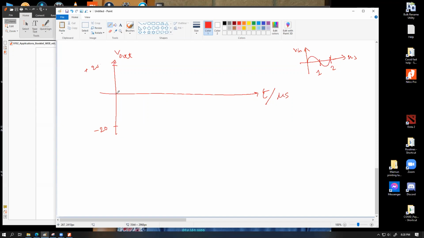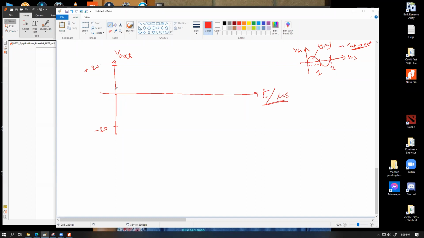Whenever the op amp voltage output starts from 0 and starts to increase, within this entire duration this output voltage is supposed to go up, because this Vin is positive. Positive Vin means output should also be positive, and because I'm considering infinite open loop gain, the output should become saturated. This is a time frame with respect to a microsecond.